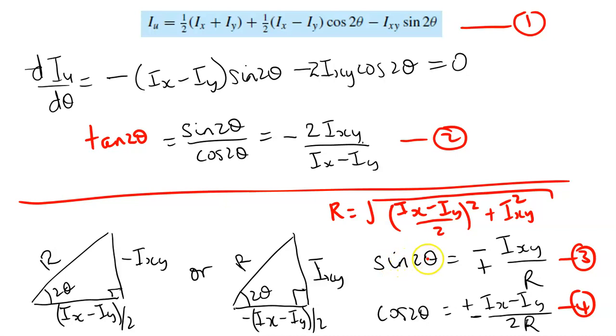And it makes sense because these are the values of theta for which the differential is equal to 0, right? According to equations 2, 3, and 4. So what I want to do is just substitute equations 3 and 4 into equation 1.